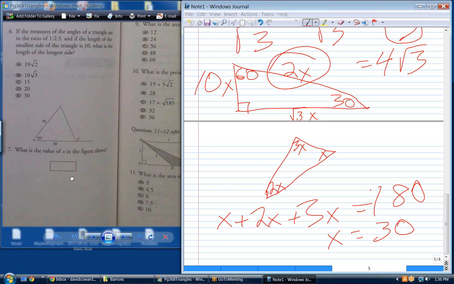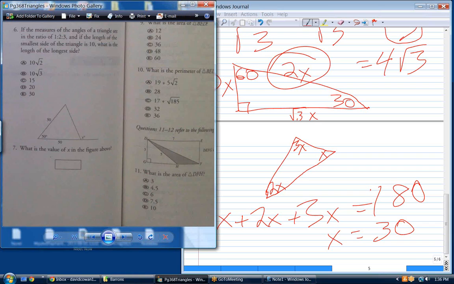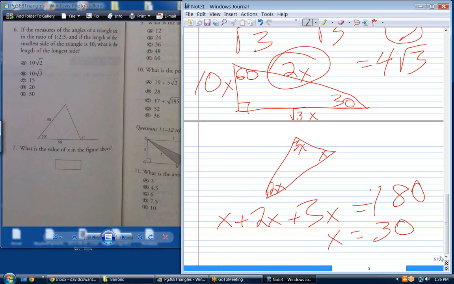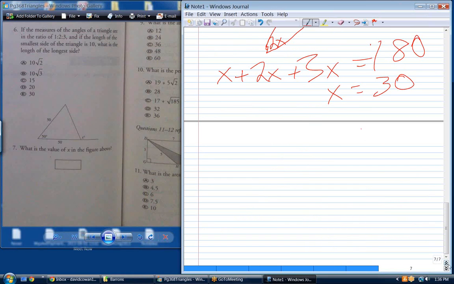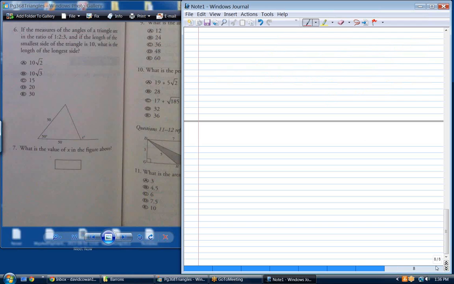Okay, good. Now number 7. What is the value of x in the figure above? Well, what do we know about this triangle?